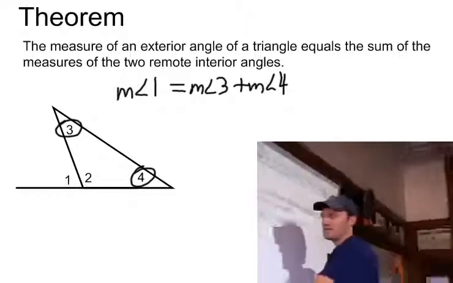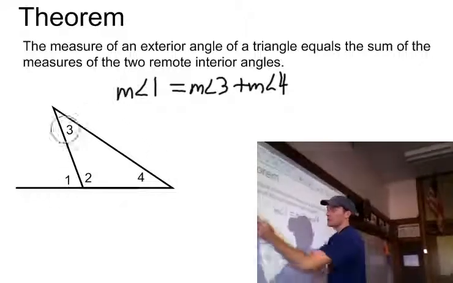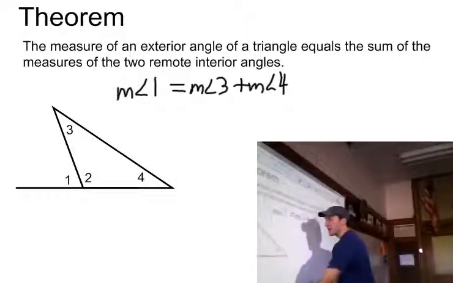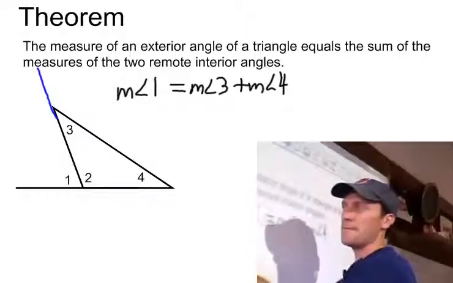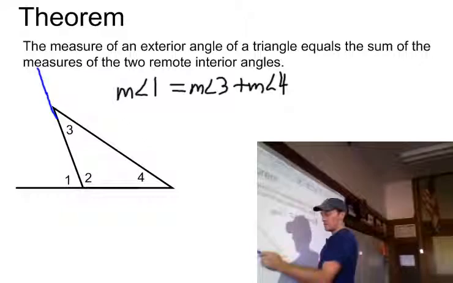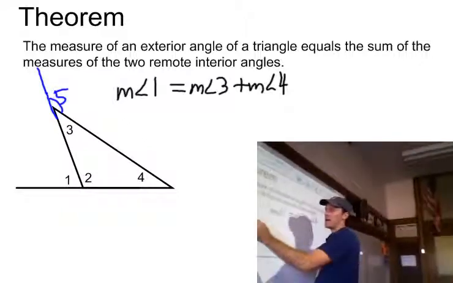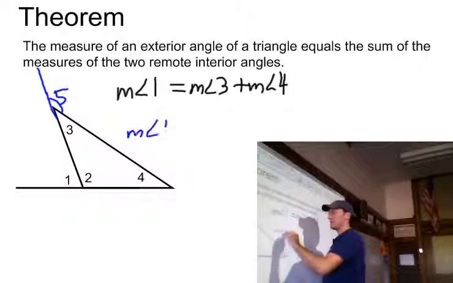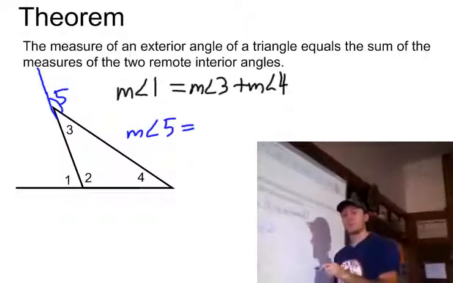And it's not just that. Let me show you something quick here. What if we had this line extended out? This angle here, let me call it angle 5. Angle 5 would equal the sum of the two remote interior angles.